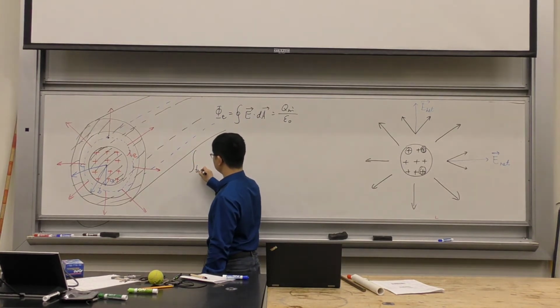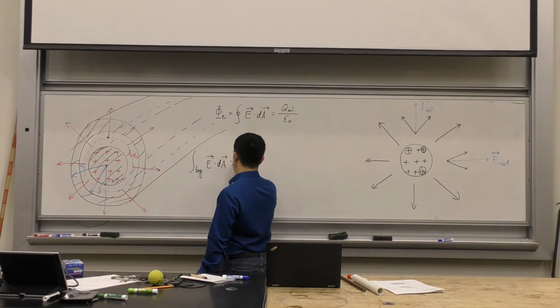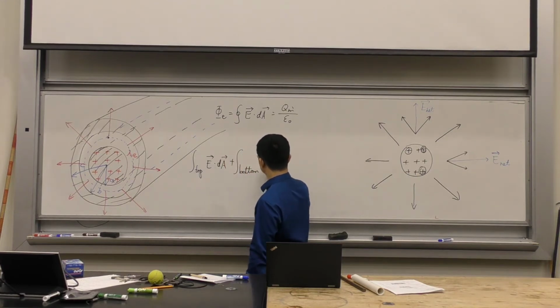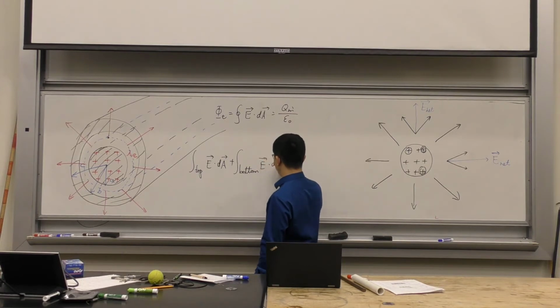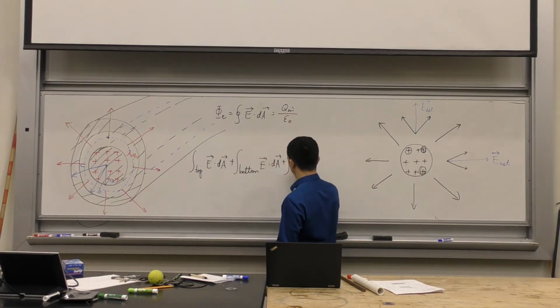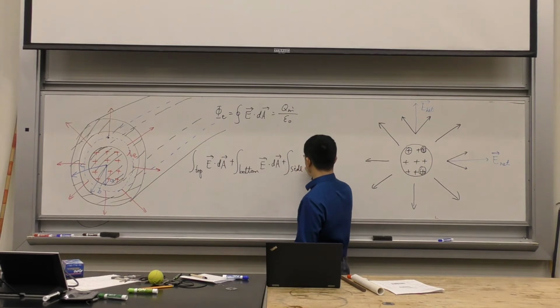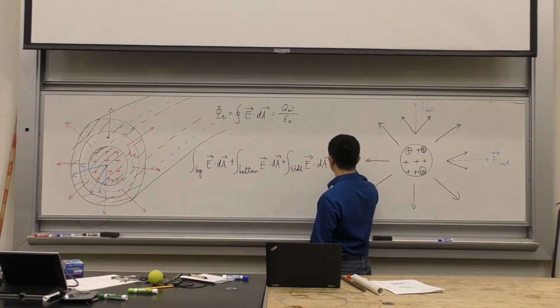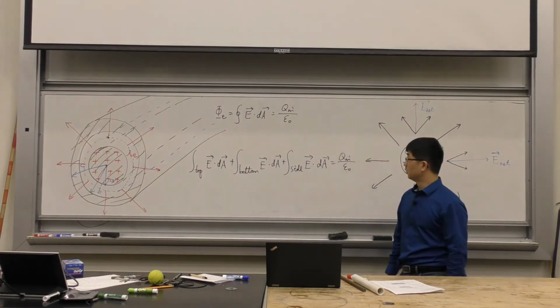The top surface, E dot dA, the bottom, and then the curved side. It's going to be Q in over epsilon naught, okay?